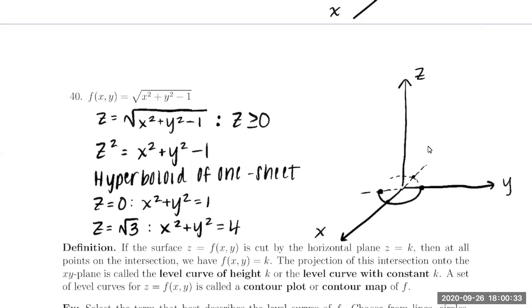I'm going to make it dashed in the background there to indicate that it's behind the plane of the paper. And then go up to square root 3 units, wherever that may be. Add in your dashed or your ghost axes, as I like to call them. And this is just going to be a circle with radius 2.